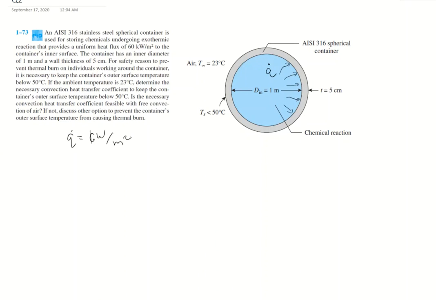Okay, and then we know the inner diameter and the outer diameter and the wall thickness. And for safety reasons, we don't want the outer part of the container to get over 50 degrees Celsius. We know the ambient temperature is 23 degrees Celsius, and we want to determine the necessary convection heat transfer coefficient to keep the container's surface under 50 degrees Celsius.